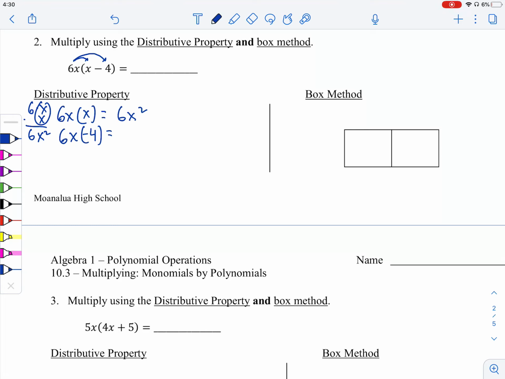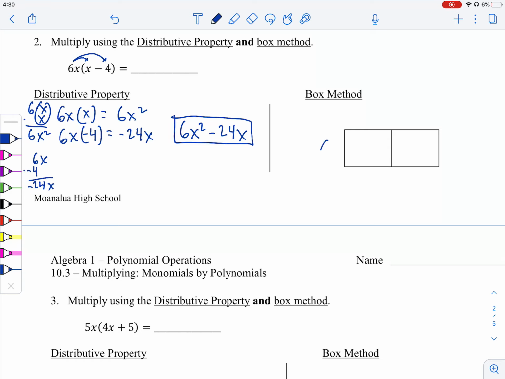The second one, 6x times negative 4, that's negative 24, 1x. So negative 24x. Again, they're not like terms because one has a squared and one just has an x. So we just have 6x squared minus 24x.